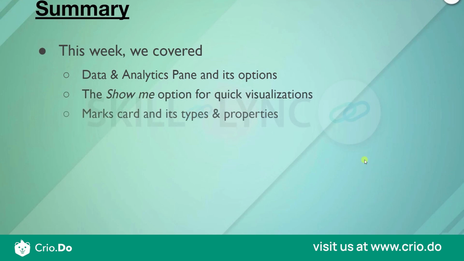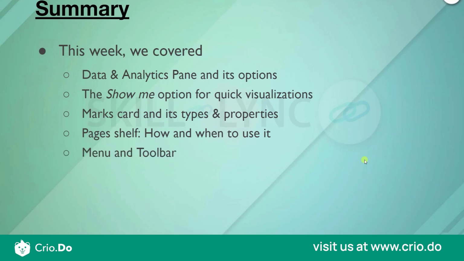This week what we have seen is the data pane and the analytics pane, what the pane is and what its options are, what the data pane is, and how the analytics pane looks. We have seen the toolbar, the menu, what options are available in the toolbar and how to use them.